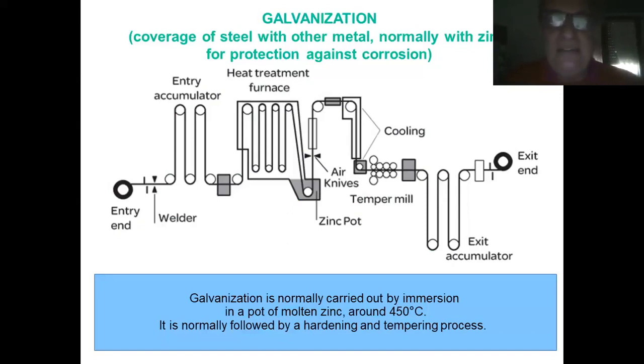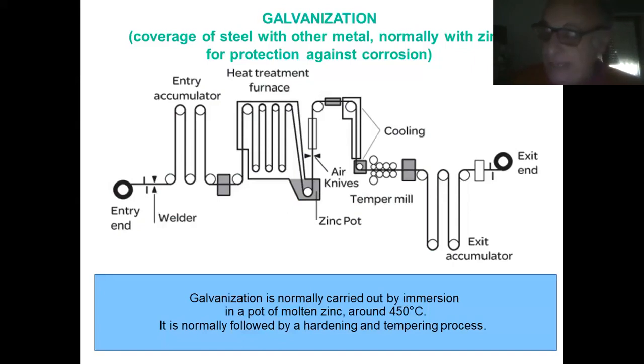With iron, you don't find it easy to create some thick oxide layers. So what you do in reality, you cover steel with another metal, usually zinc. This is galvanization: in practice, you immerse your steel into a pot of molten zinc, and normally you then perform a hardening and tempering process.